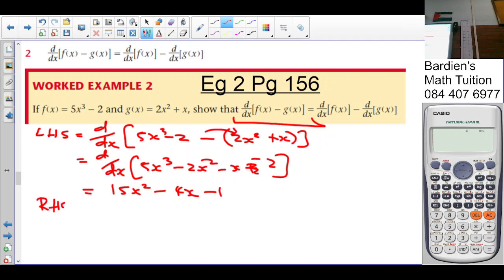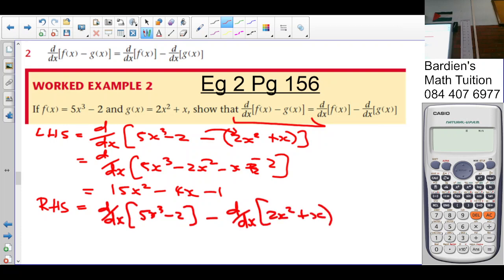The right hand side is simply the derivative with respect to x of f of x, 5x cubed minus 2, minus the derivative of g of x, which is 2x squared plus x. The derivative of 5x cubed is going to give you 15x squared, the derivative of a constant falls away.